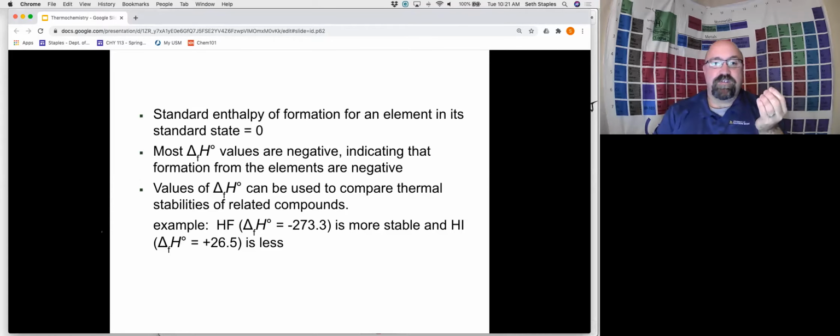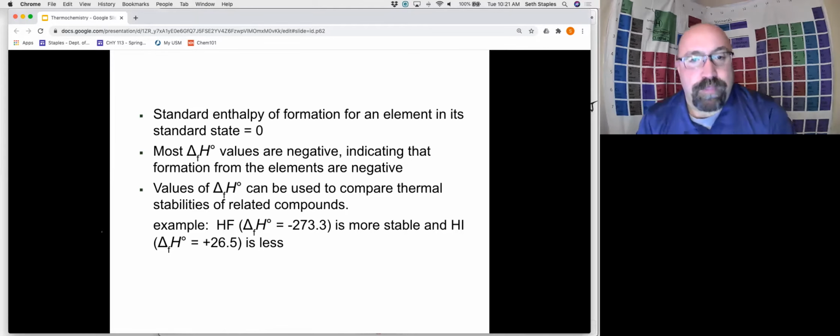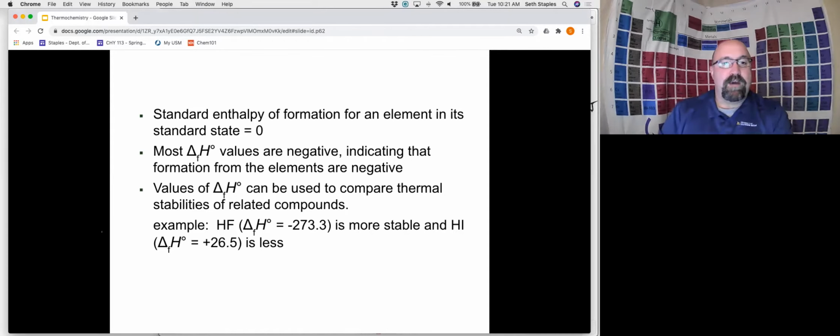Most delta H values, delta heats of formation, are negative, indicating that formation from the elements is a negative process, that it releases energy. And the delta heat of formation can be used to compare what we call the thermal stability of related compounds.